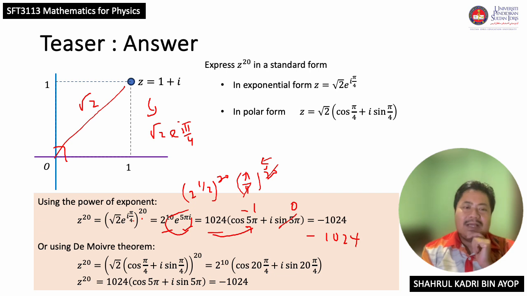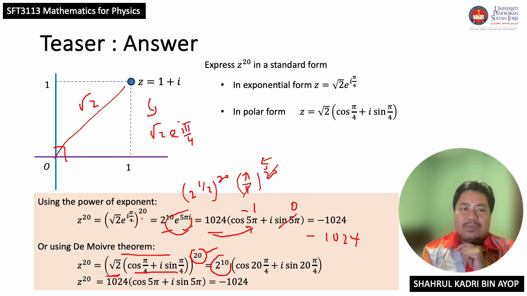If we want to use De Moivre's theorem, we do not need to use the exponential form. What we can do is take the polar form to the power of 20, but we have to separate this, so that we have 2 to the power of 10.